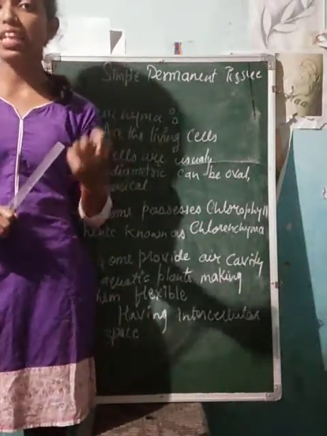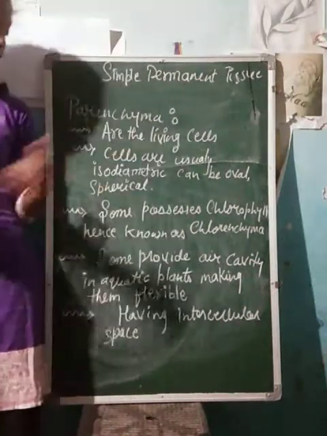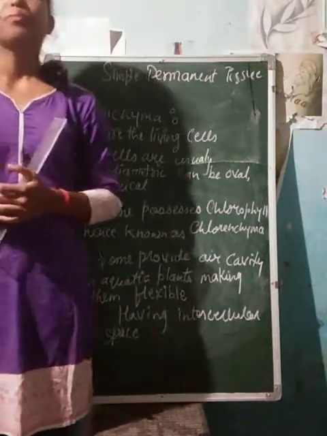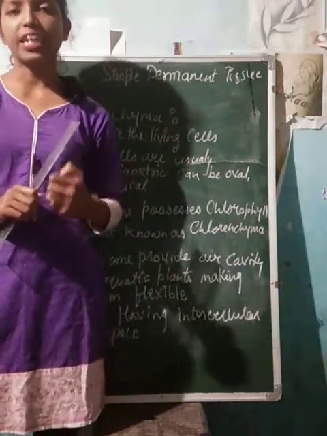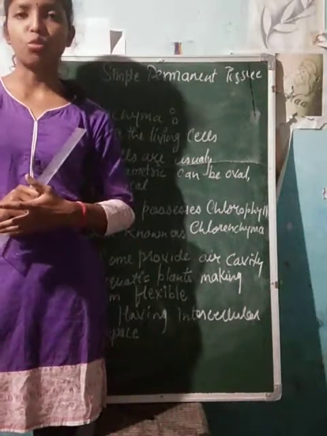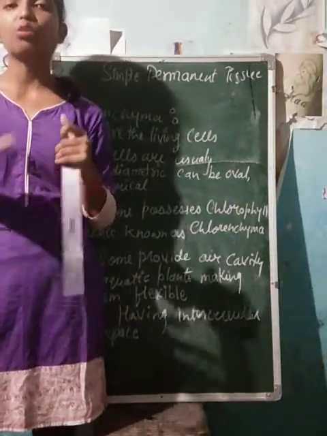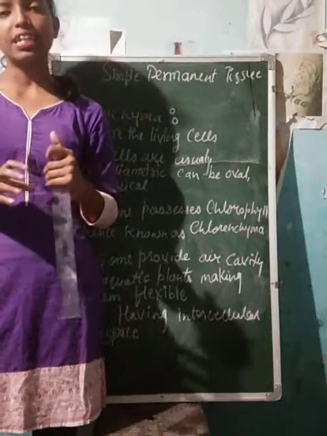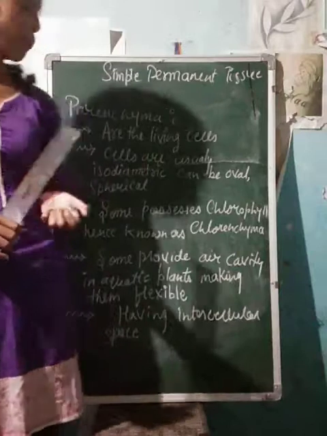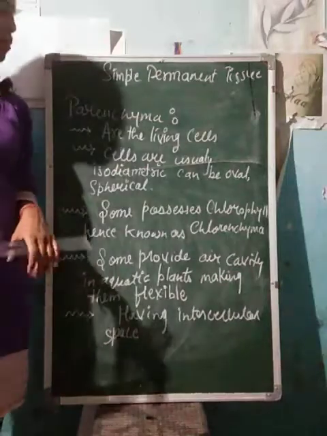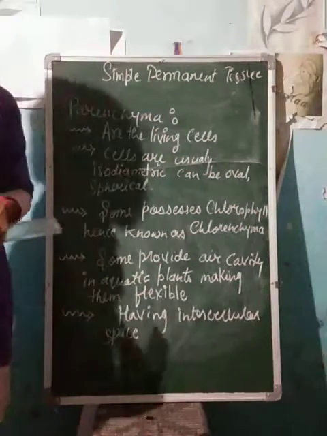To trap the sunlight for the photosynthesis process, isn't it? Yes, it will trap the sunlight and help in photosynthesis. So some of the parenchyma cells possess chlorophyll within them and hence are helpful in the photosynthesis process. They will store food also. So the point is here, some possess chlorophyll, hence known as chlorenchyma.